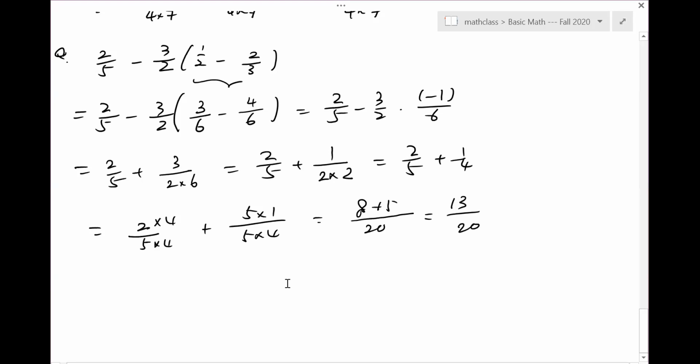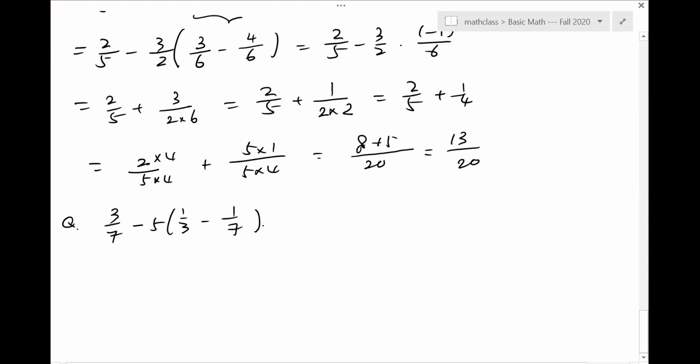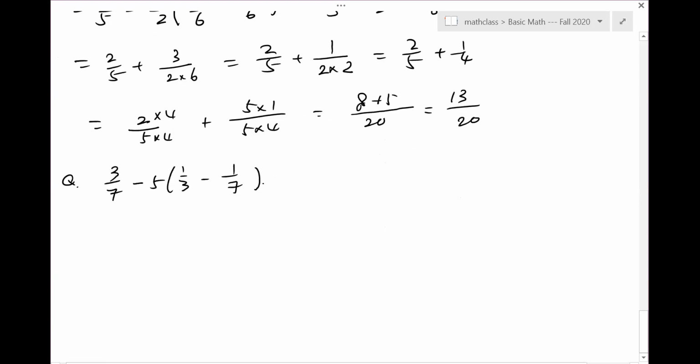All right. Okay, I want you to work out the next problem. 3 over 7 minus 5, 1/3 minus 1 over 7. Yeah, it will be a fraction. I hope you can figure it out quickly. Okay, and if you get the answers, don't be shy and post it.